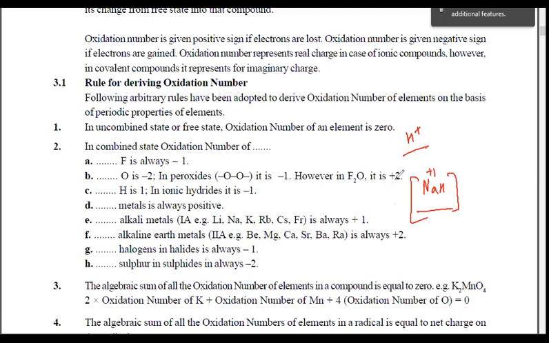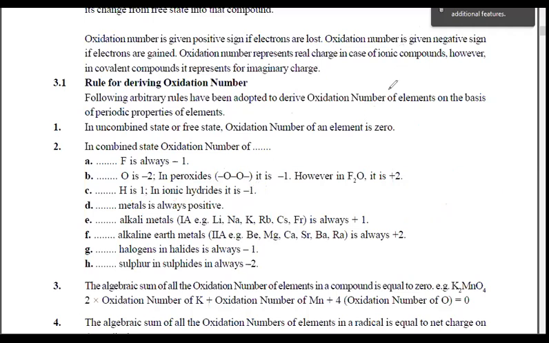Yes, very good. So this is fixed that it is +1, then this should be -1, because the overall compound is neutral. In this case it is called a hydride. So hydrogen has two charges. One is +1, but in case of ionic hydrides, it is -1.